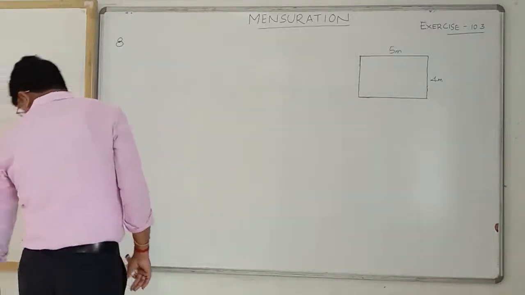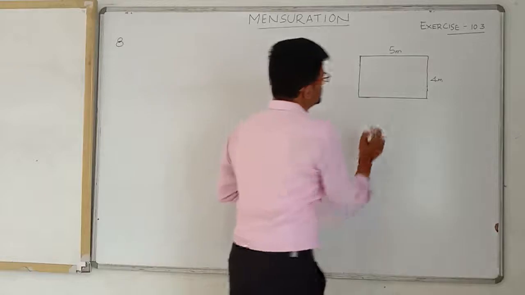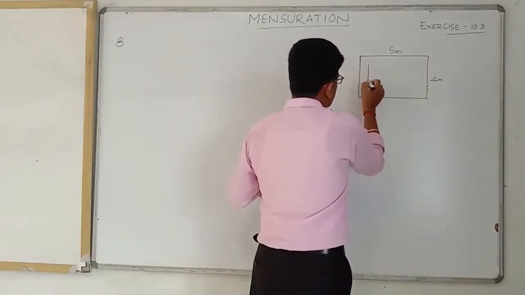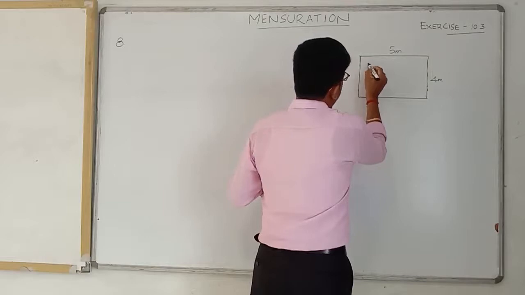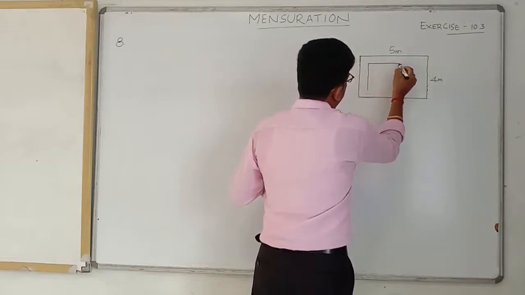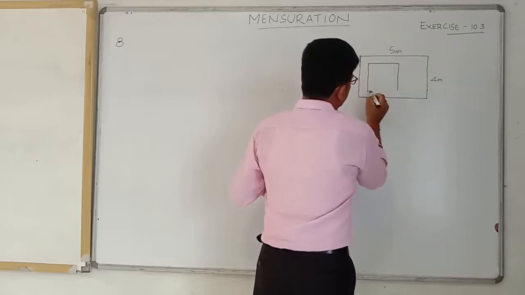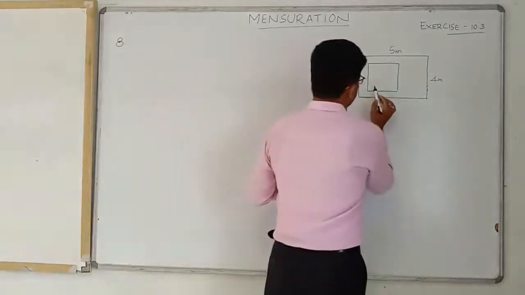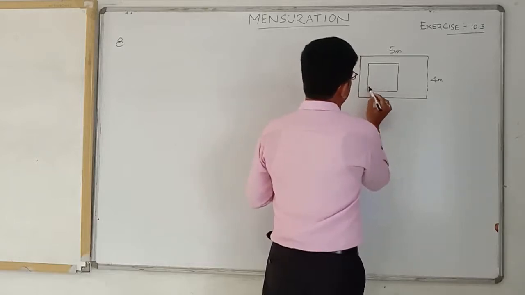A square carpet of 3 meters is laid on the floor. This is the carpet.